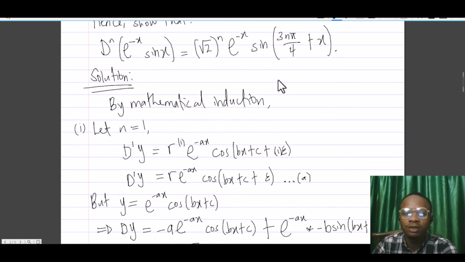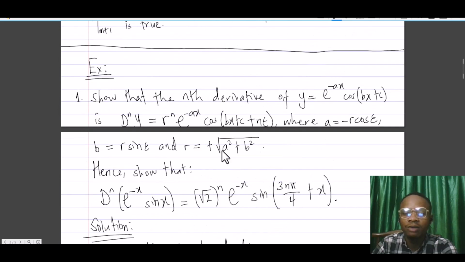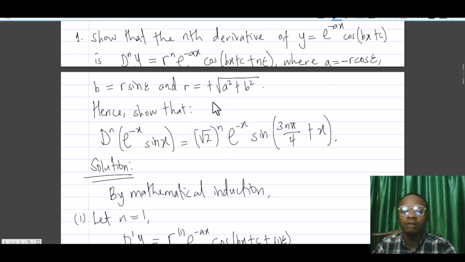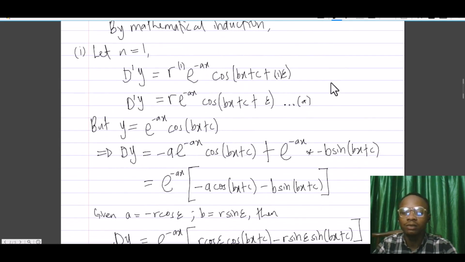So we can get r and epsilon from the expressions provided. From the details of the question, we know how to get r and epsilon. We say that a is equal to minus r cos epsilon, b is equal to r sine epsilon, and r is equal to the square root of a squared plus b squared. So we already know a and b, so we can just use that to get r and epsilon. Let's go ahead to do that now.